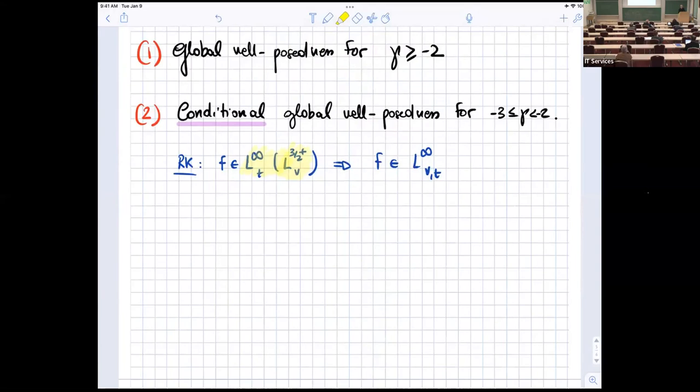So after this result came out, actually, the problem is not showing that it's L infinity, but showing that you have somehow integrability with something slightly bigger than 3/2. So this result is conditional in one way, but you can read it also the other way. In particular, it says that if you blow up in L infinity, you blow up in any norm until 3/2, right?